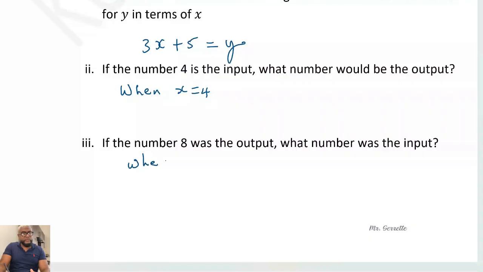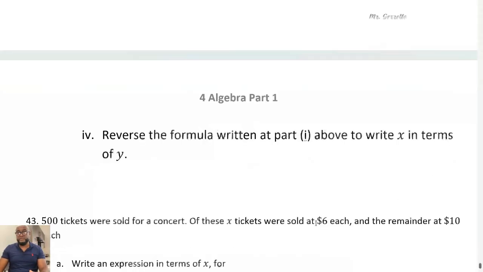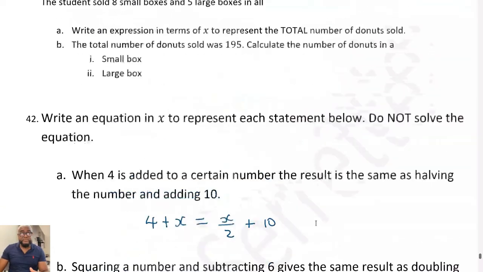So what is it saying here? When what is equal to 8? Y is equal to 8. I want you all to solve that for homework also, right? Use the formula written in part 1 above to write X in terms of Y. You all will try to figure out that also, right? Okay, guys? And everything else here would be homework.